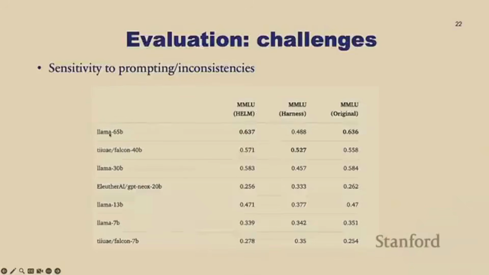For example, Llama 65B, which was the first model of Meta in the Llama series, had 63.7 accuracy on HELM, but on this other benchmark had 48.8.